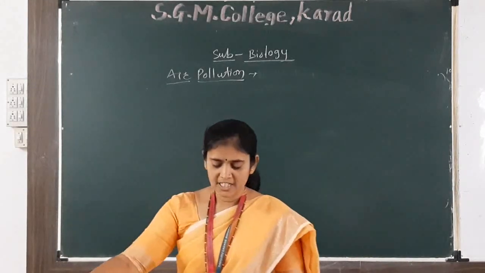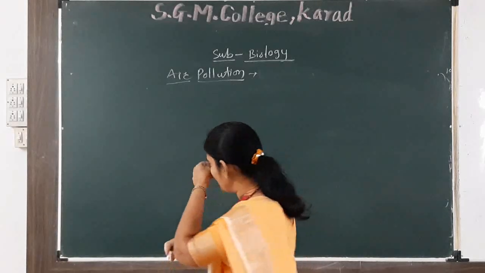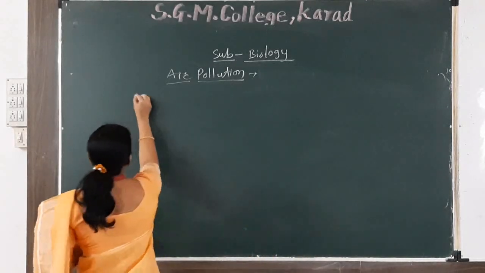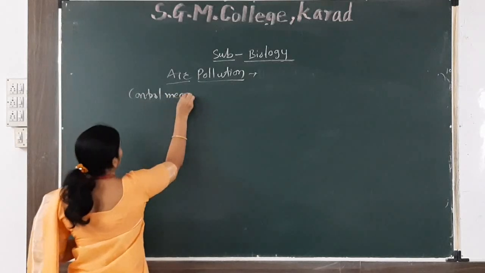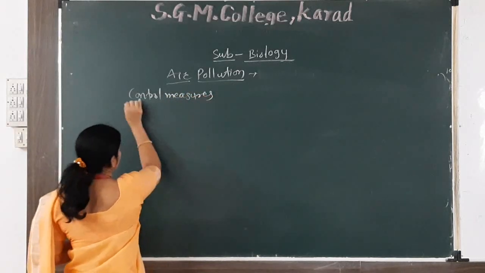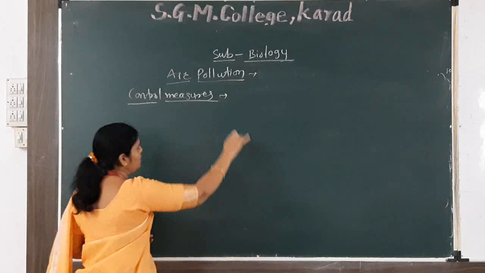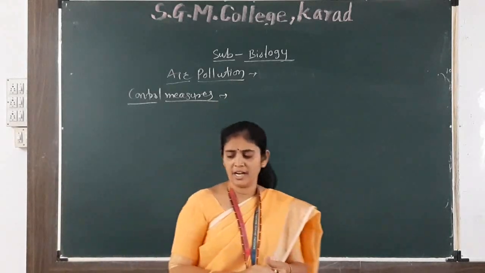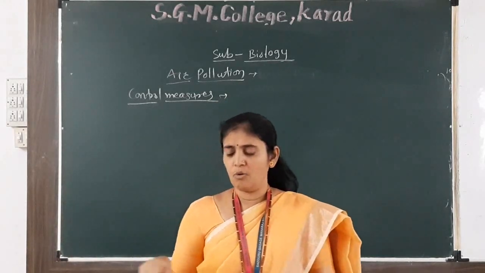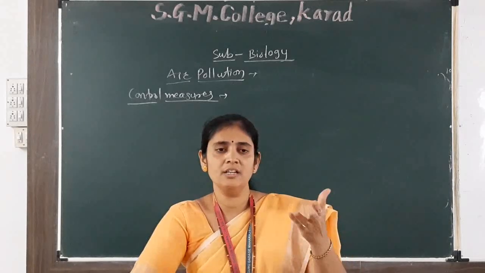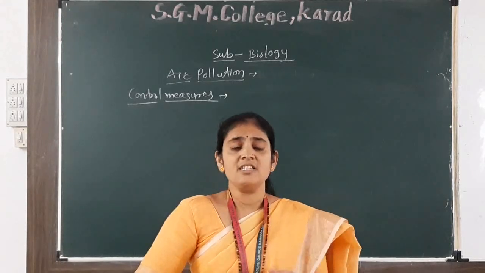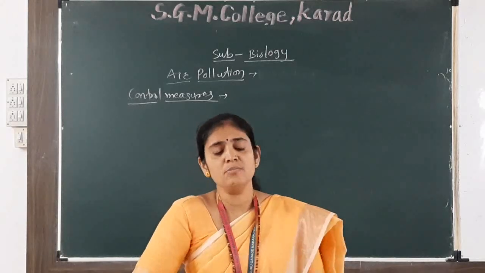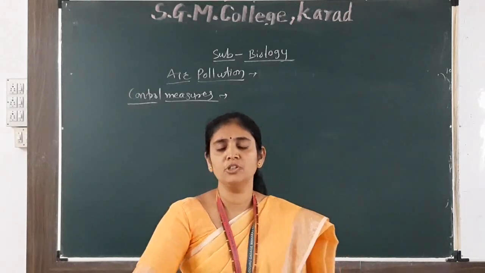There are different methods. We have to study some methods. So the next point here is the control measures of air pollution. How to control air pollution? There are different methods, out of which we have to see 3 or 4. Different materials or mechanisms are used to minimize air pollution.